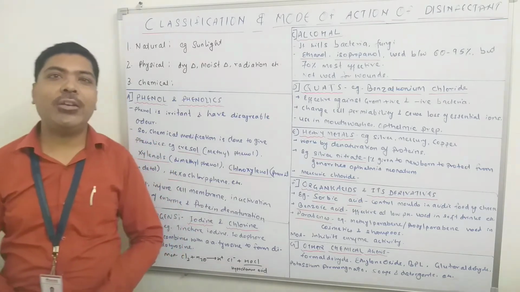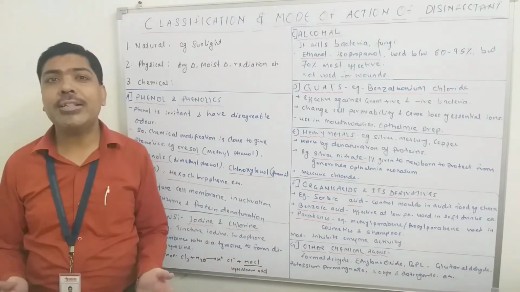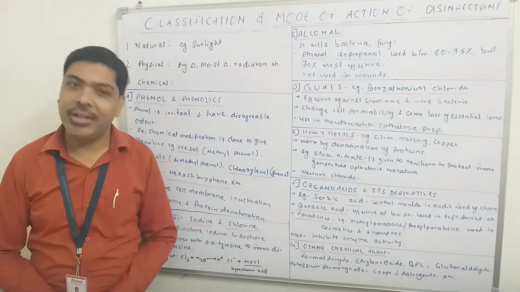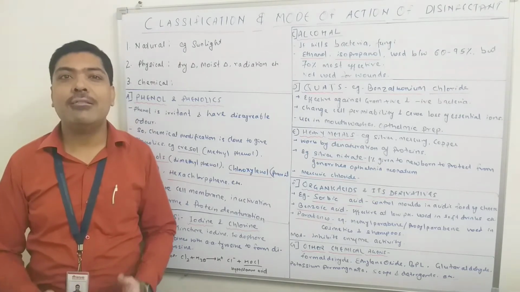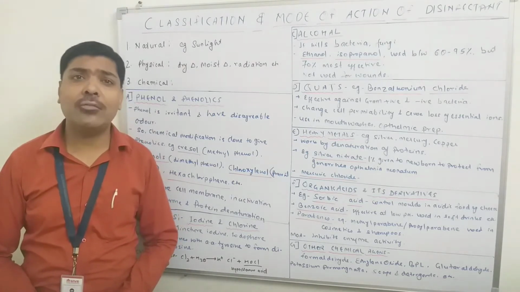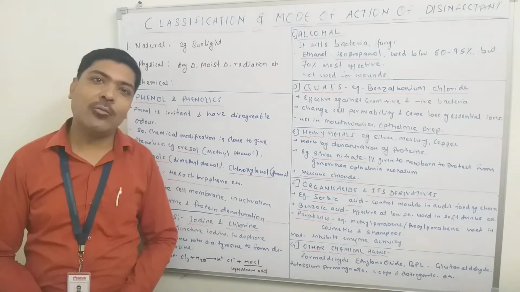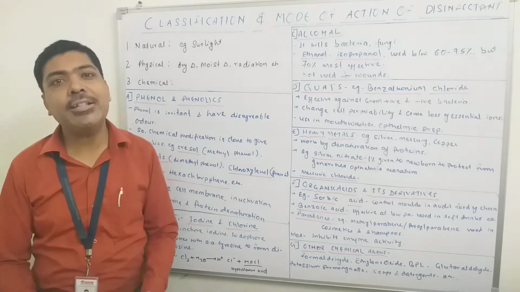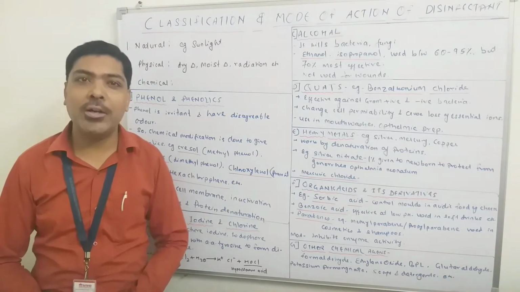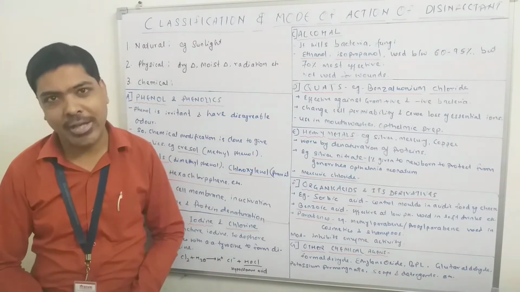Coming to the classification, disinfectants can be classified into three categories. Number one is natural disinfectant. Natural disinfectant generally includes sunlight, because in sunlight ultraviolet radiations are available, and this ultraviolet radiation has the property to kill pathogenic microorganisms.